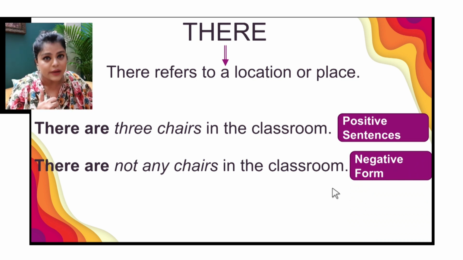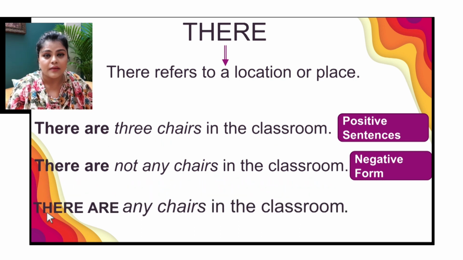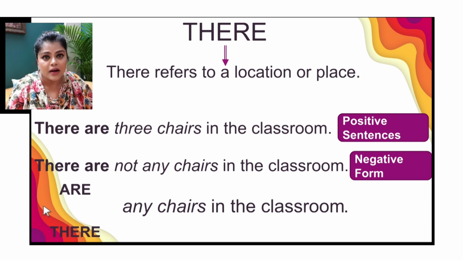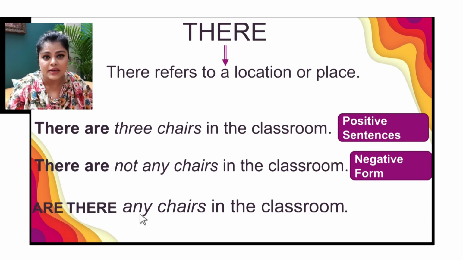Now we will do the question form. See the sentence here. There are any chairs in the classroom? This is wrong. Now, a question never starts with there. It starts with are. So, are will come in front. Are there any chairs in the classroom?